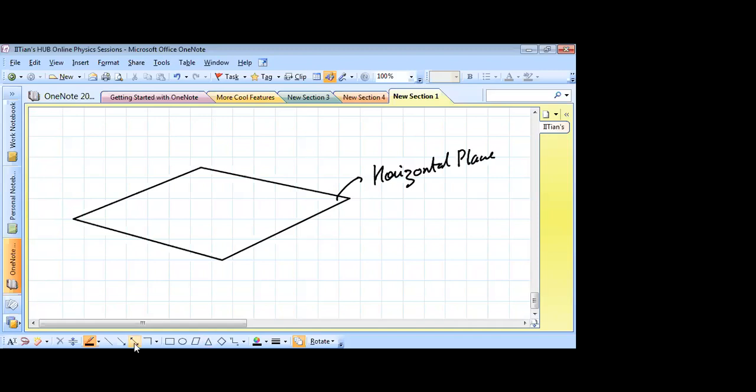In this plane, your x and y axis will point like this. This is, let's say, your x axis, this is your y axis. This direction is towards north, and this direction is towards east. So that is towards west, this is towards south.